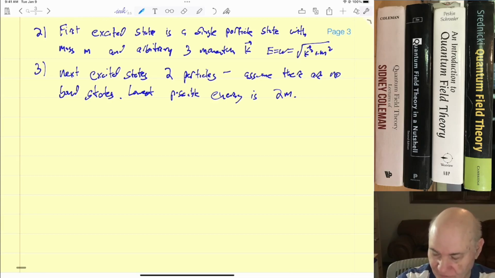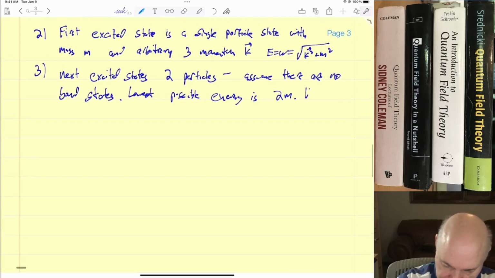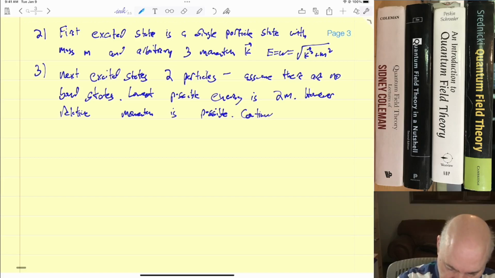But you can have 2 particle states where there is relative momentum, and then we get a continuum of 2 particle and more particle states.